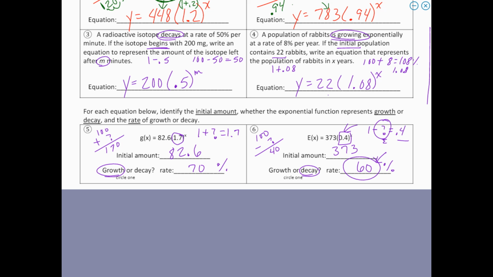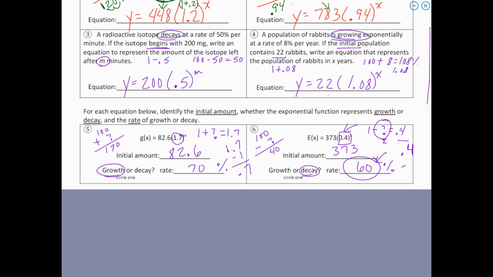Wait, Miss, I have a question. So you did 1 minus 7? No, I did 1 plus something gives me 1.7. But yes, you can do 1.7 minus 1, and that gives you the 0.7. I was trying to figure out how you got to 60. The 60 is 0.4 minus 1.